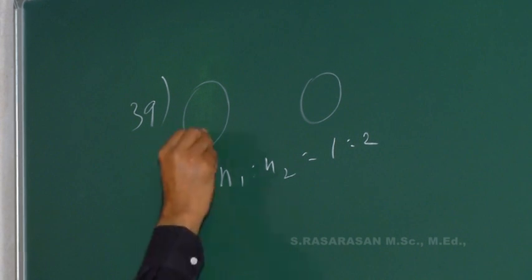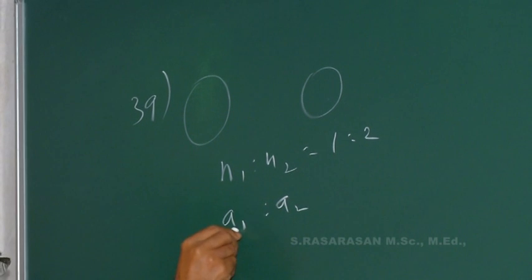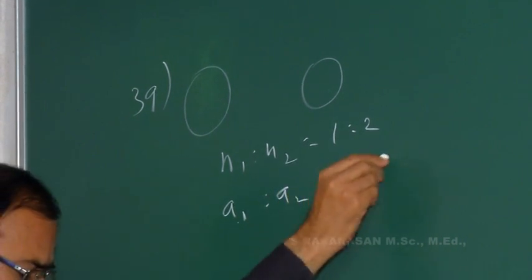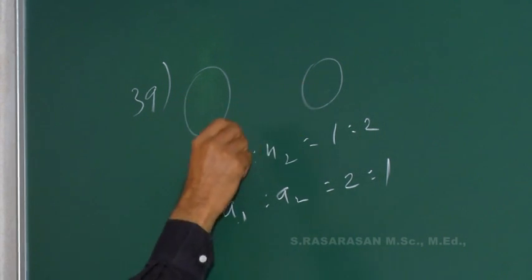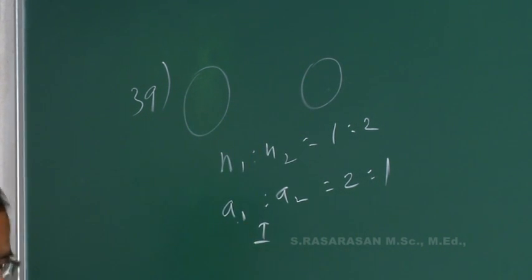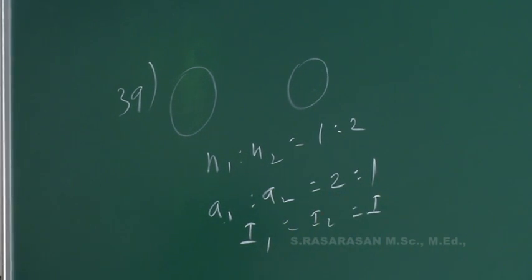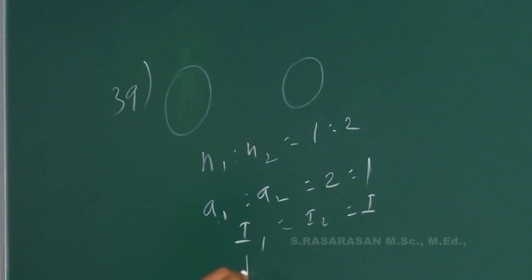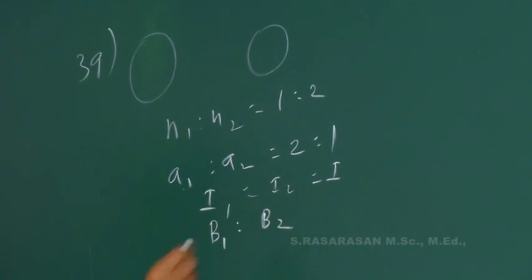Radii ratio, A1 is a radius, A2 is a radius, so A1 is to A2, or you can put R1 is to R2, 2 is to 1. The same current flows through the two circular coils, so I1 is equal to I2 is equal to I. Then the ratio of the two magnetic fields, B1 is to B2.